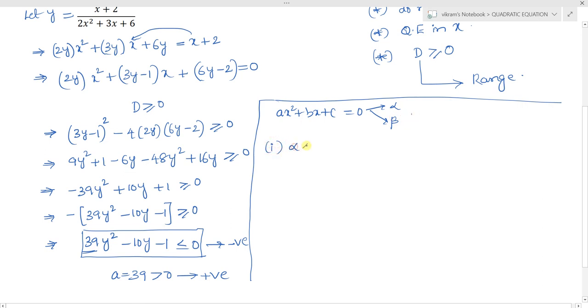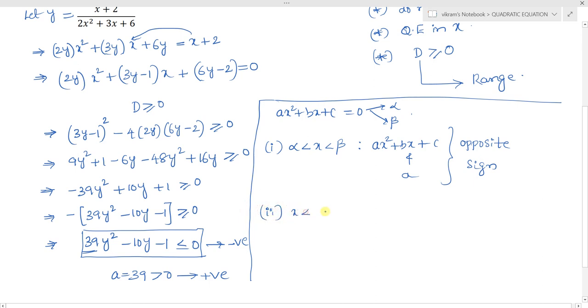So alpha less than x less than beta. In this range, the expression and the coefficient of x square will have opposite sign. Next, what is the other condition?